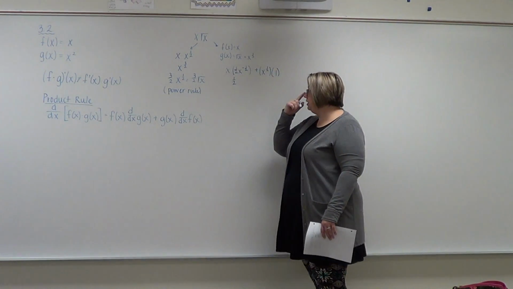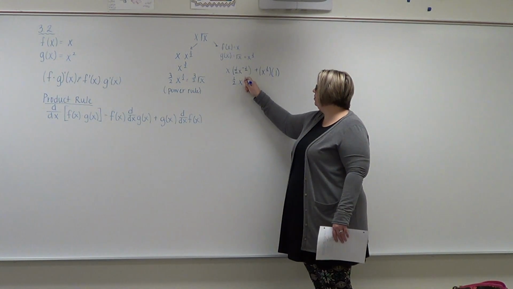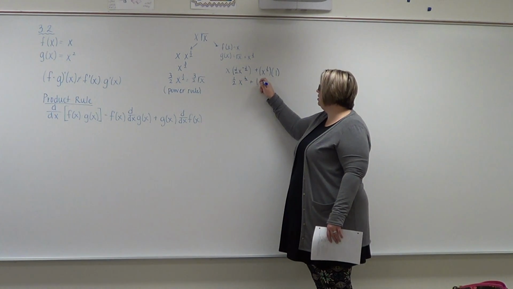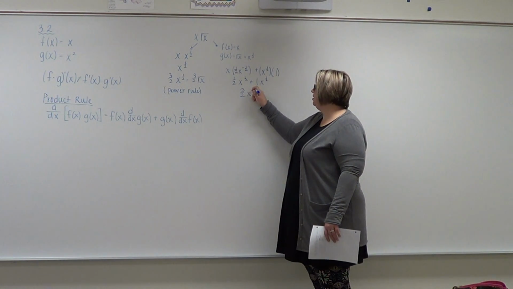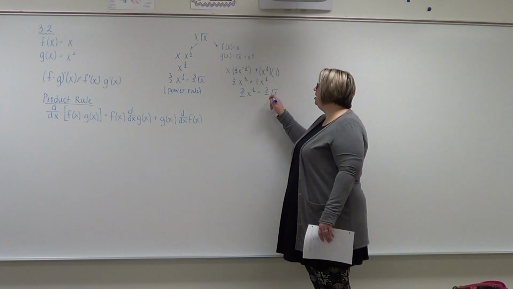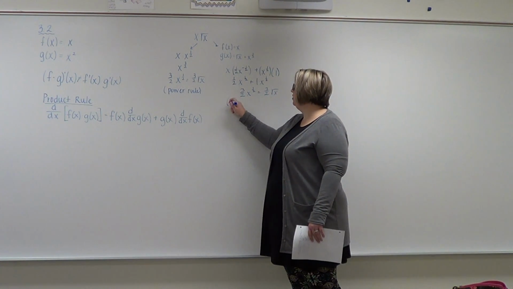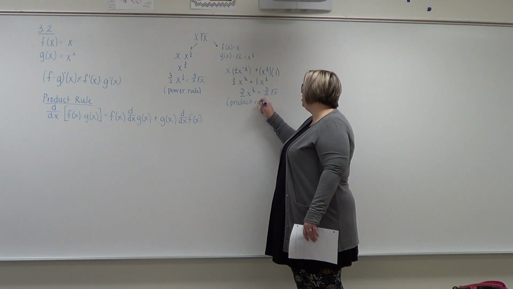Then if I add exponents, 1 plus negative half is a half. Plus 1 x to the half is 3 halves x to the half. But you get the same thing, isn't that cool? It is for this problem.